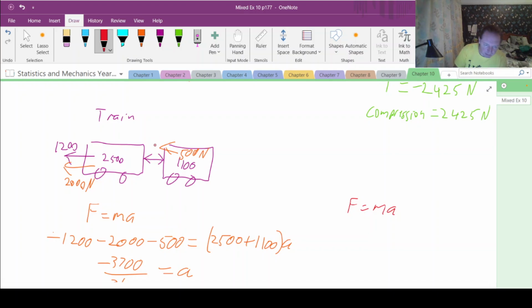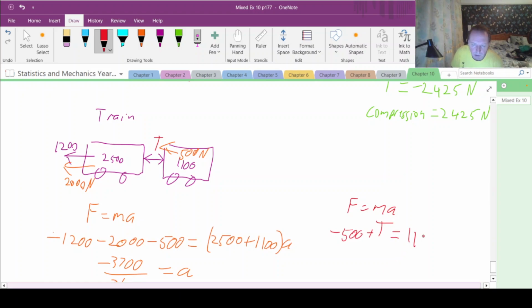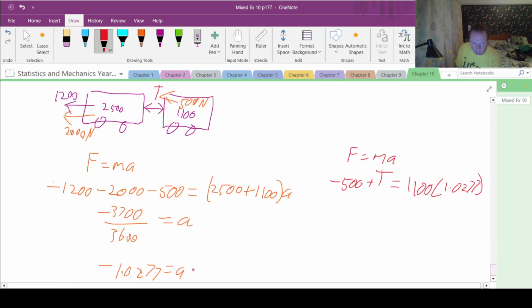They called it thrust. I use the T again. So minus 500 plus the T is equal to the 1,100 times by the 1.0277 that we just worked out in the previous part. And so the tension is equal to, multiply that by 1,100.